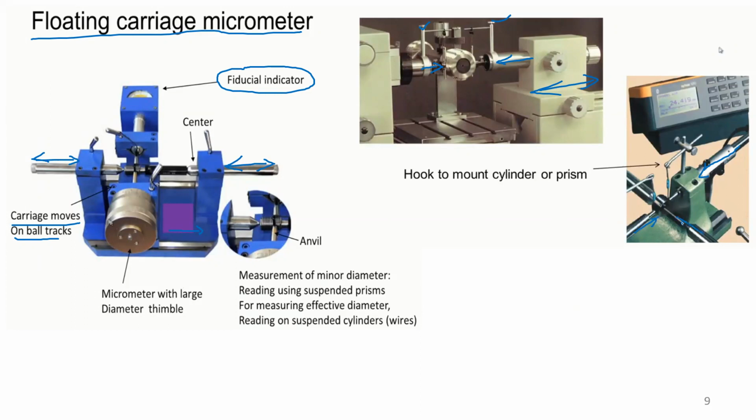These are the centers, and then the steel wires are hung in the grooves of the screw thread, and the micrometer is moved, and then we get the effective diameter of the screw thread directly on the display unit. For measuring the minor diameter, the reading is taken using suspended prisms. For measuring the effective diameter, the reading is taken on suspended cylinders.